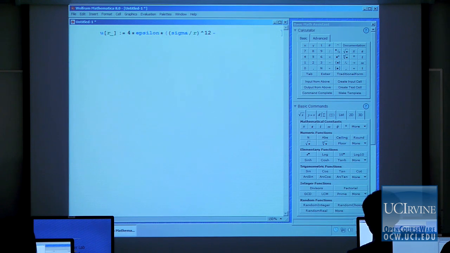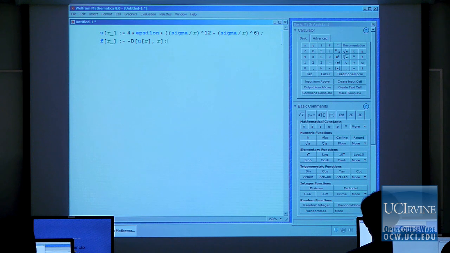And then minus sigma over R to the power 6, parentheses. Okay, now the next thing I'm going to do is define f of R underscore. So I'm going to make it a function, colon equals, and then I'm going to say minus the derivative, d, of U of R with respect to R. So that's going to be the force.